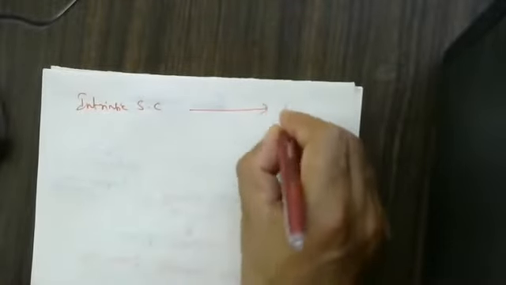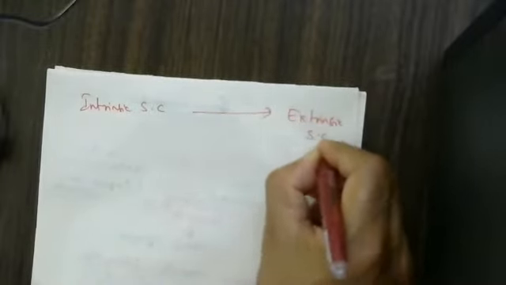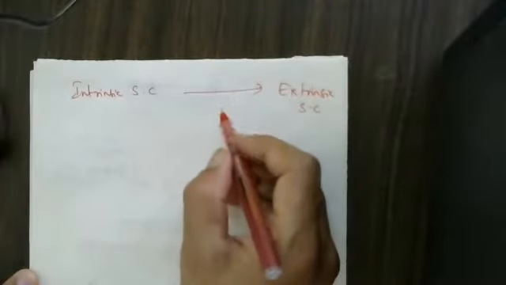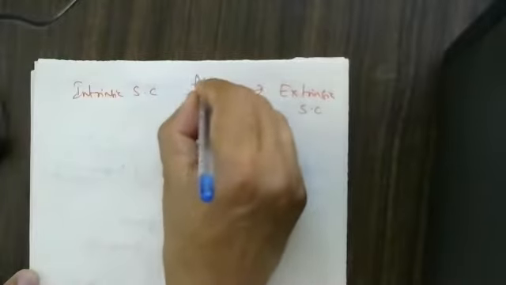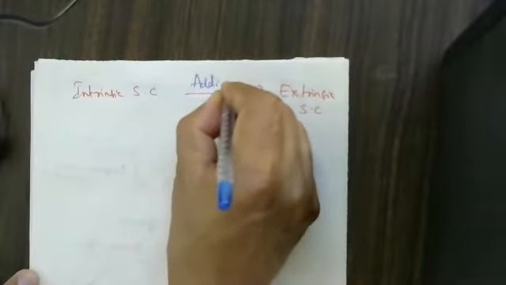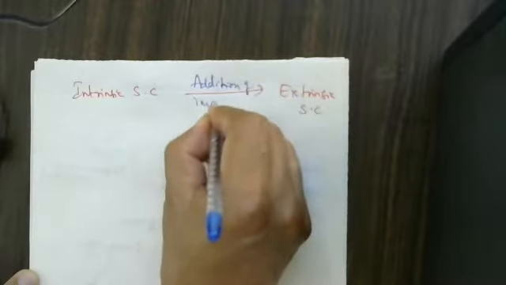I told you already, we are having intrinsic semiconductor. We want to get extrinsic semiconductor here. If you want to convert the intrinsic semiconductor to extrinsic semiconductor, we are supposed to add an impurity.